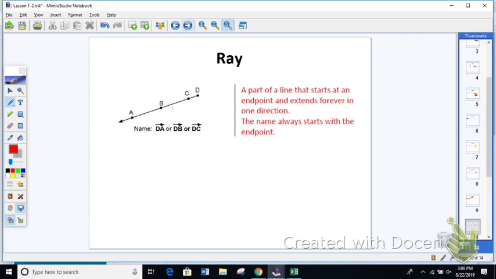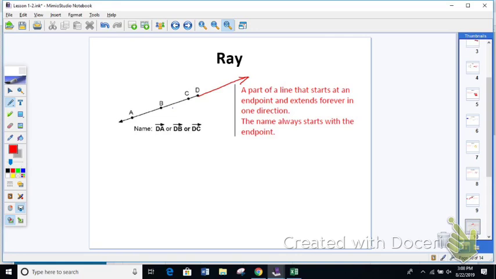A ray. A ray, again, is part of a line, so that could still extend in the other direction. It's part of the line that starts at an endpoint and extends forever in one direction.